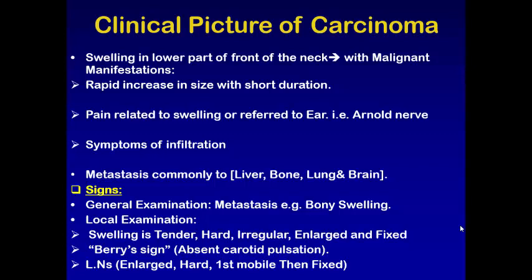Also, regarding the clinical presentation of thyroid carcinoma, there may be atypical presentations. Sometimes we find just an enlarged lymph node in the neck, and there is no detectable primary in the thyroid. This is called lateral aberrant thyroid.